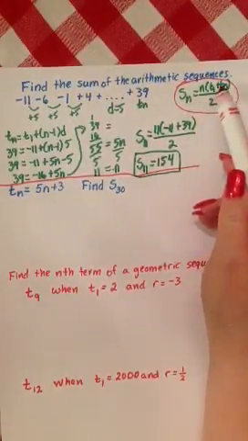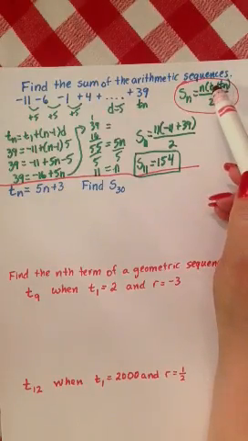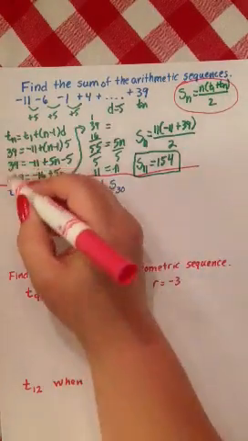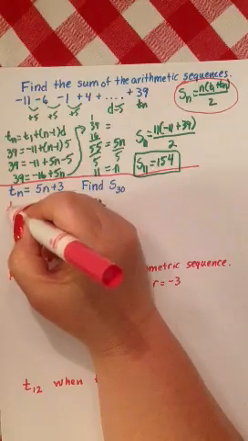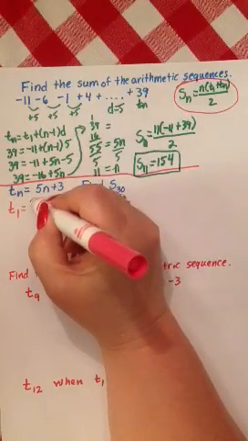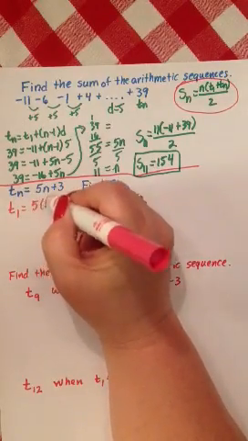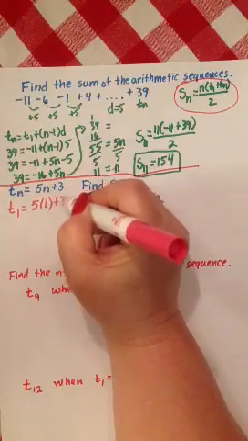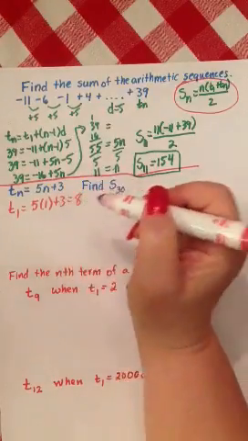And this time I know n is 30, but I don't know the first term and I don't know what the 30th term is. But they gave me the formula, so it's real easy. t sub 1 is equal to 5 times 1 plus 3. So the first term is 8.